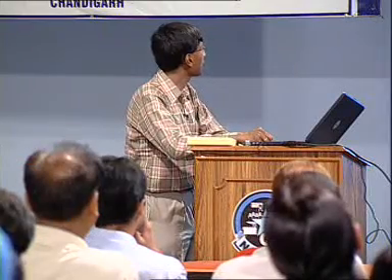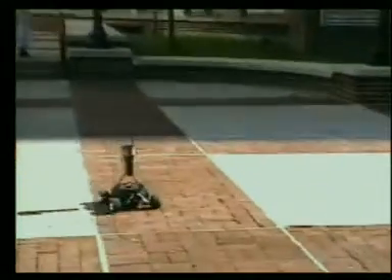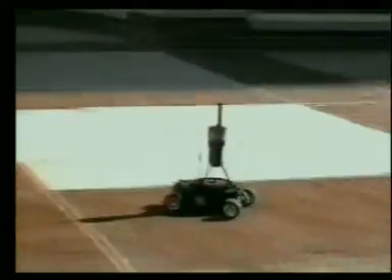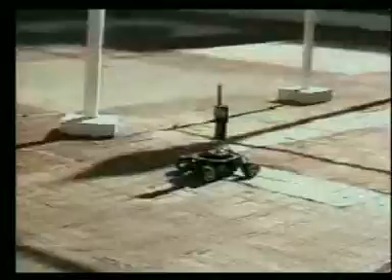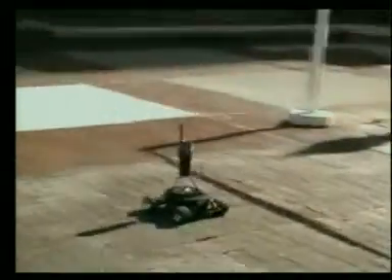This is another example. Just look at the speed at which this object moves. It is moving pretty fast. That is what real time means, right? It is avoiding obstacles and moving around.